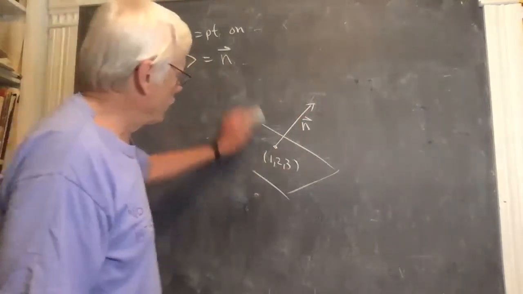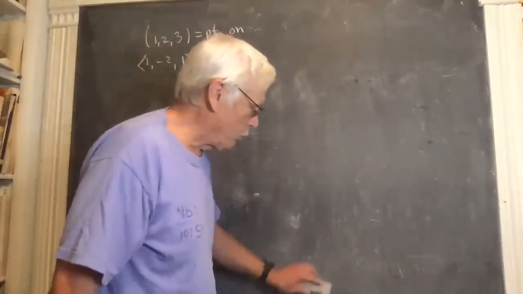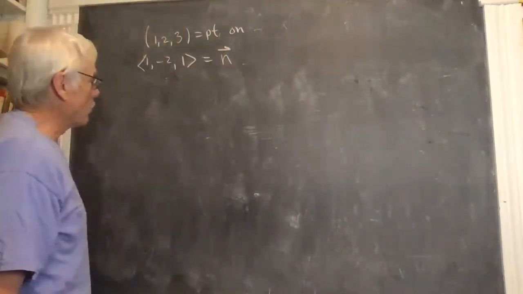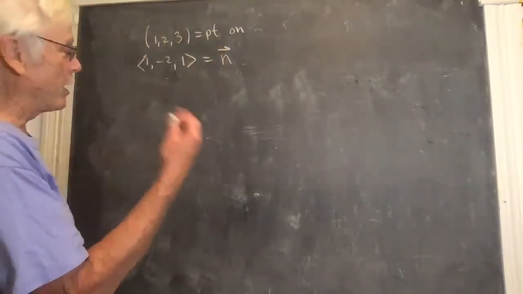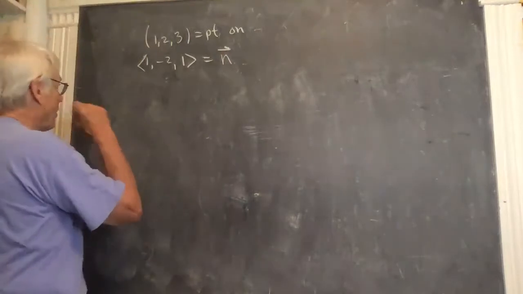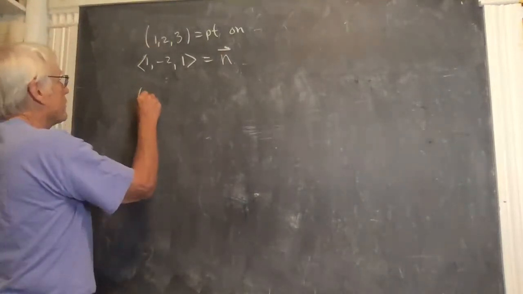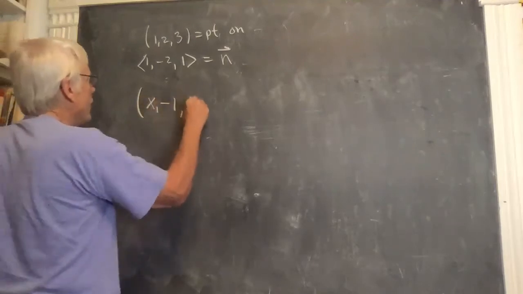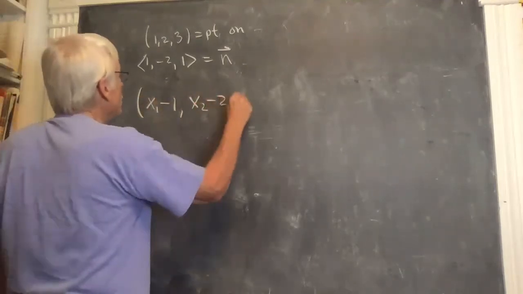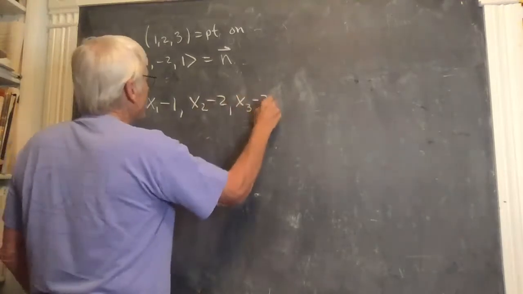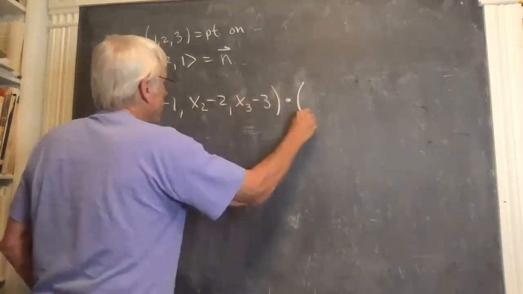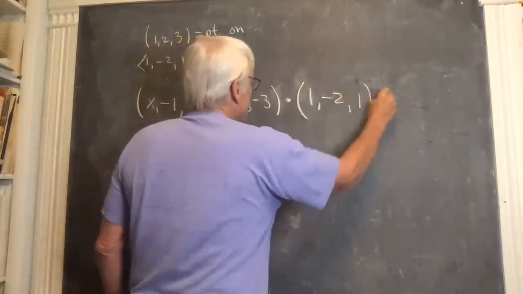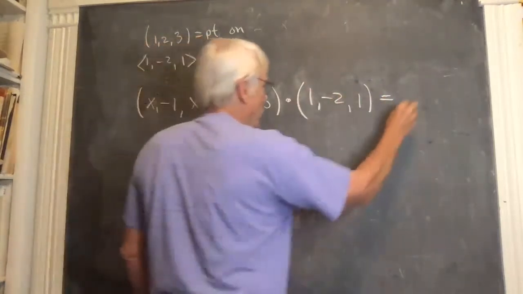The first question is, find the point normal form of it. So this is the Cartesian form of it. And this point normal form is, we are set up to do that. So the point normal form is that if you take x1 minus 1, x2 minus 2, x3 minus 3, dot product with the normal vector, you are going to get 0.